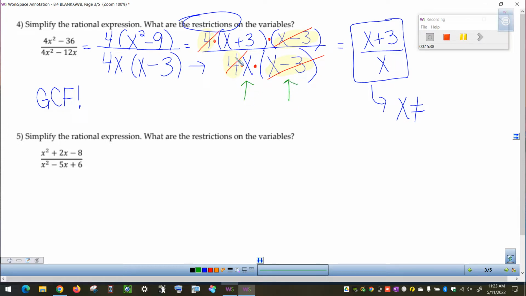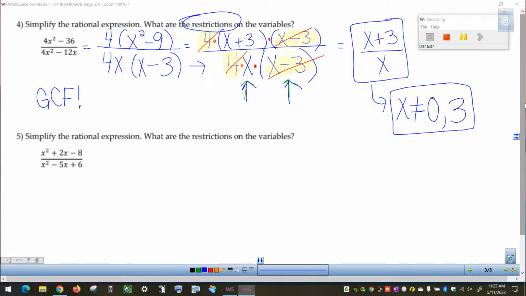So you can actually ignore that 4 out in front. That's not going to have any effect on what the restrictions are, because that 4 is not going to cause the denominator to be 0. But if x is 0, like on this one here, that would make a denominator of 0. Or if x was positive 3, that's another way that the denominator could be made 0. So there's that final part of our answer.